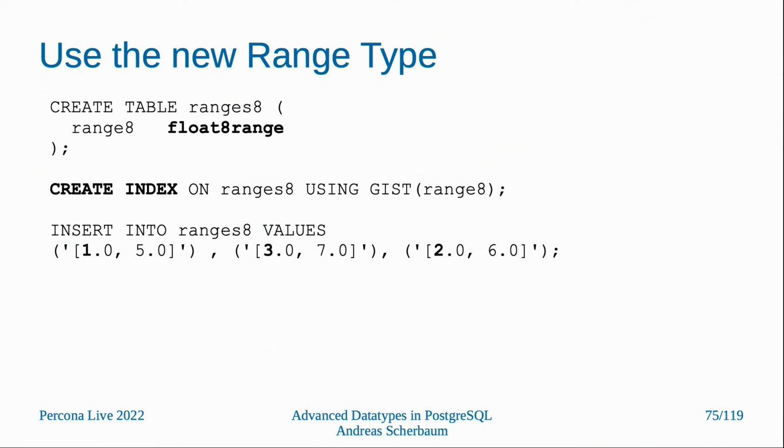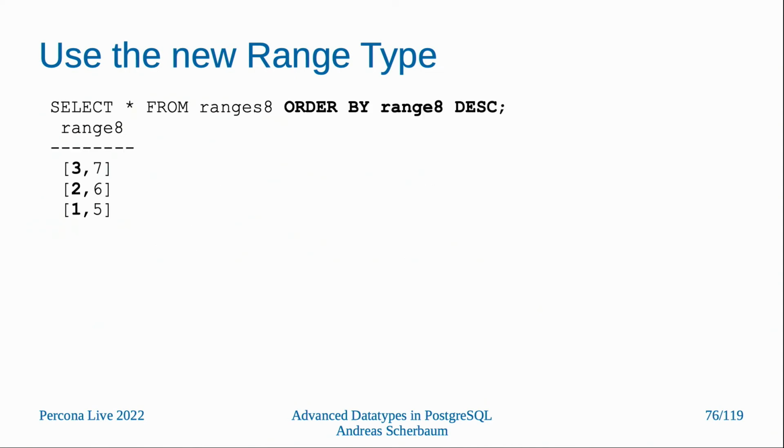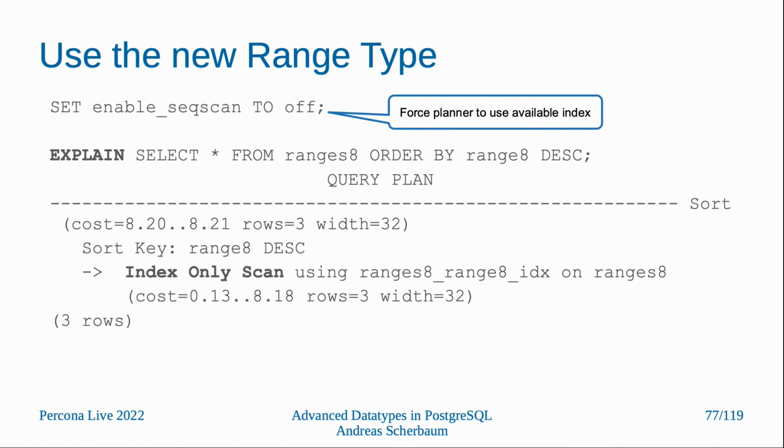So I insert some values here. You see it's 1, 3, and 2. Different sort order. And I can do my order by range 8 here. And you see I get them sorted back. And I can actually verify that it's using my index scan. So I forbid sequential scans here.